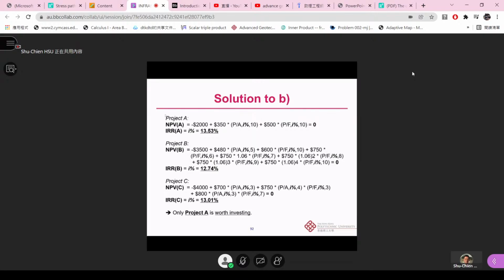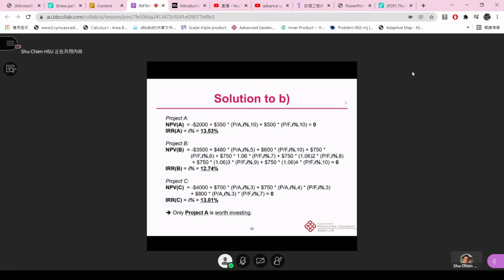But if you are not really good at that, and would like to use the compound interest table to calculate it, then I would suggest we use a range, trial and error, and also interpolation. For example, because you already know the discount rate is around 12%, you can guess, say, 5%.